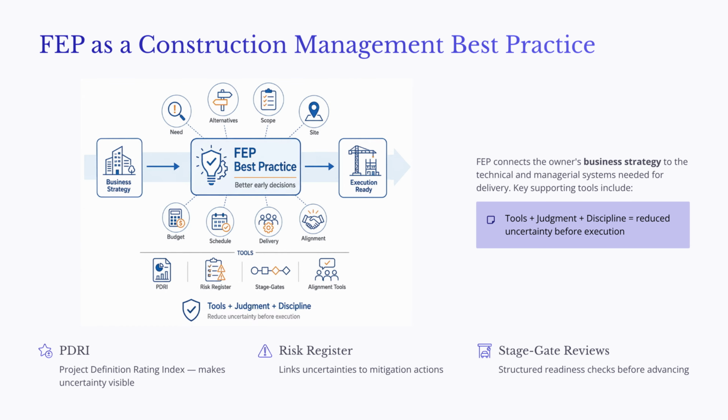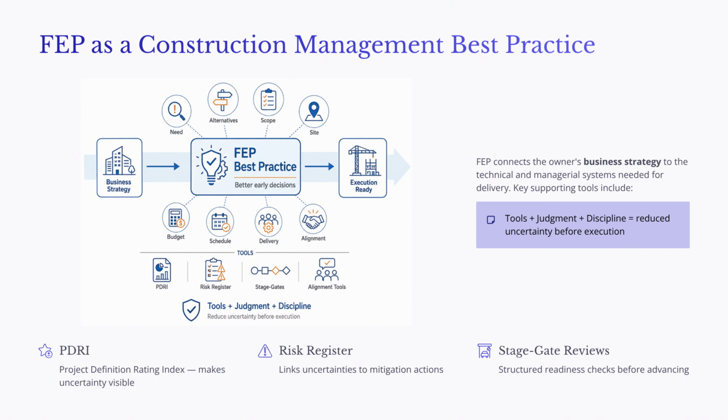The Project Definition Rating Index, or PDRI, helps make uncertainty visible by evaluating how well the project scope and definition have been developed. A risk register helps the team identify uncertainties, assign responsibility, and connect risks to mitigation actions. Stage gate reviews provide structured readiness checks before the project advances from one phase to the next.